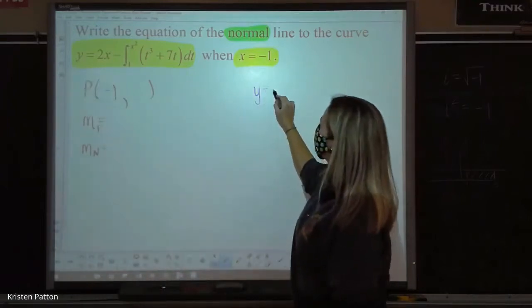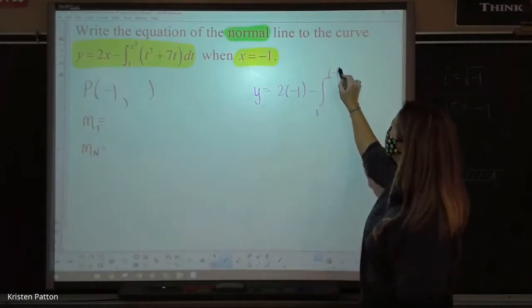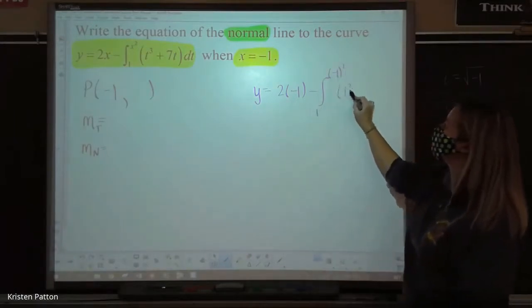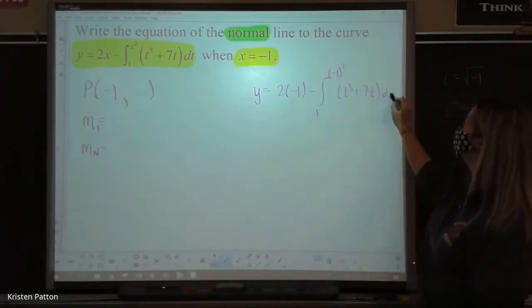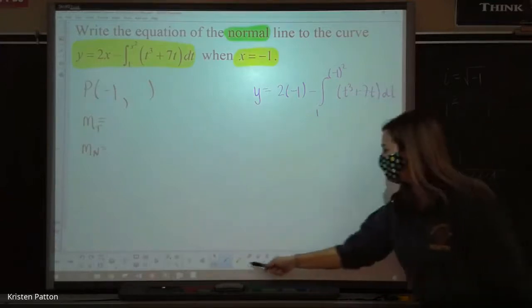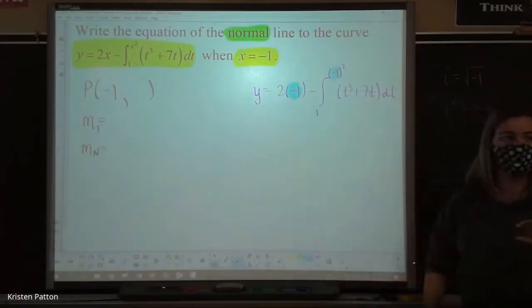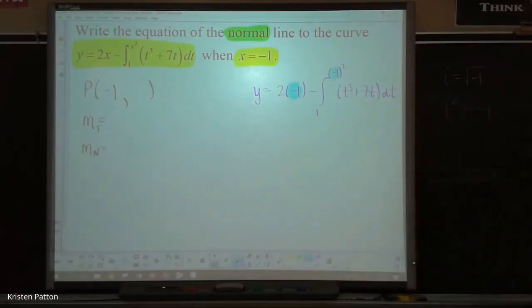Y equals 2 times -1 minus the integral from 1 to (-1) squared of t cubed plus 7t dt. If you want to find the y value, you go to the function and you plug in the x. And so I did that in the 2 places they had an x.